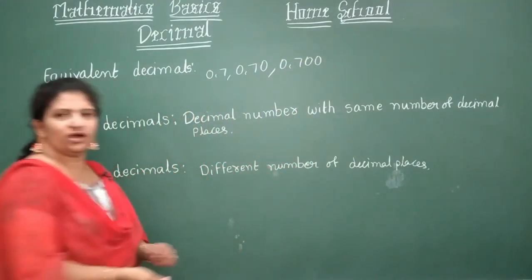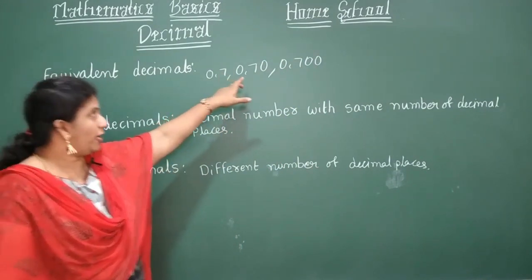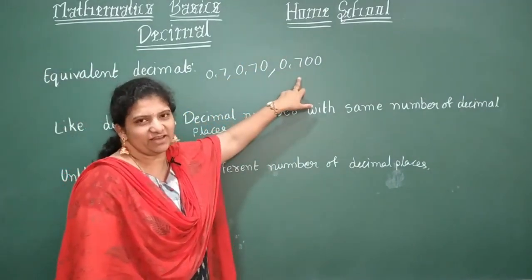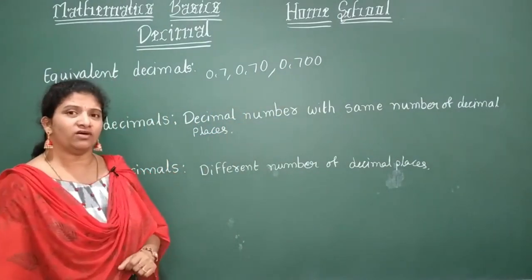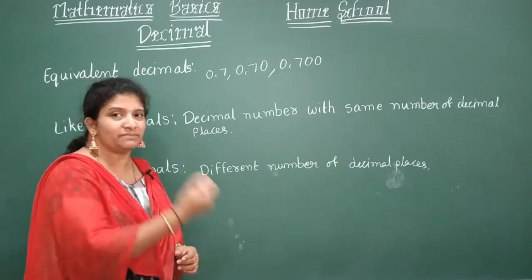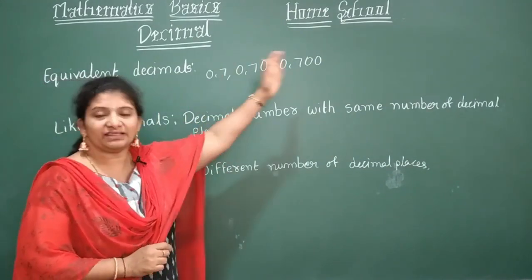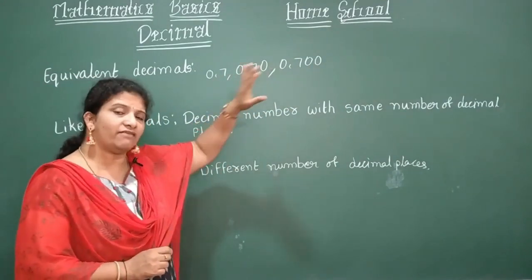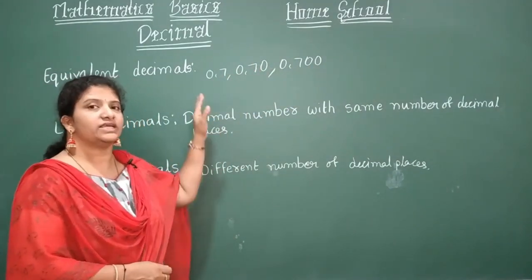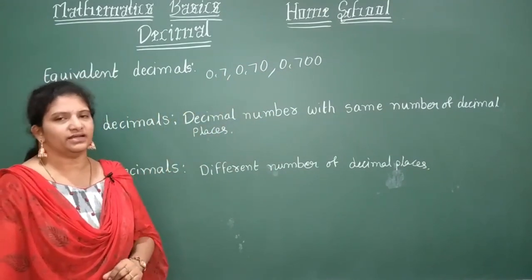So look here, how do you read these decimals? 0.7, 0.7, 0.7. So what did I say just now? If you place any 0 to the right side of any decimal part, the number won't change. So if you write like this, all these 3 have the same value.